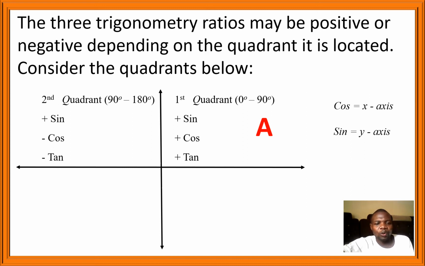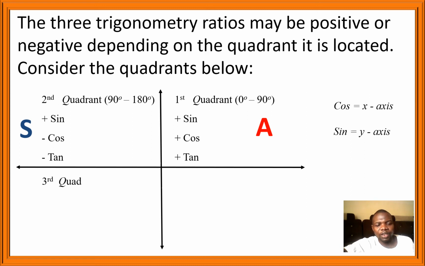This is because in each of the quadrants, aside from the first quadrant, only one of the ratios should be positive. So in the second quadrant, it is only sine that is going to be positive. So we use S in the second quadrant to represent our positive ratio, that is the sine.